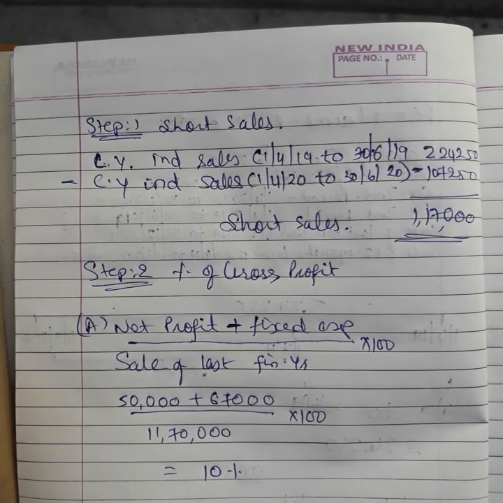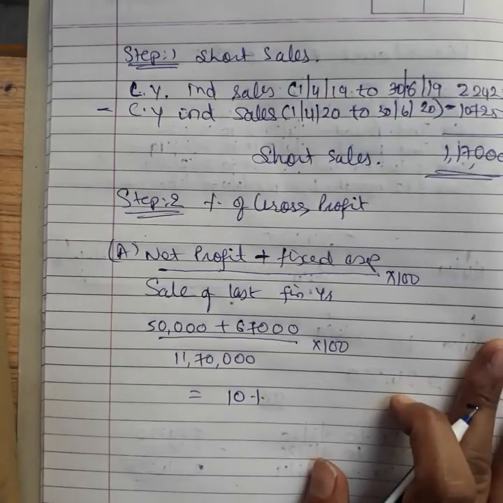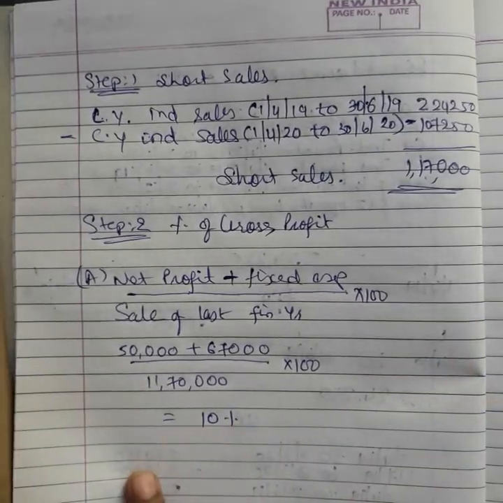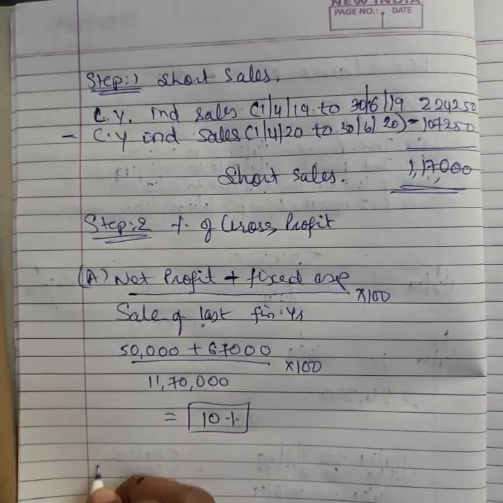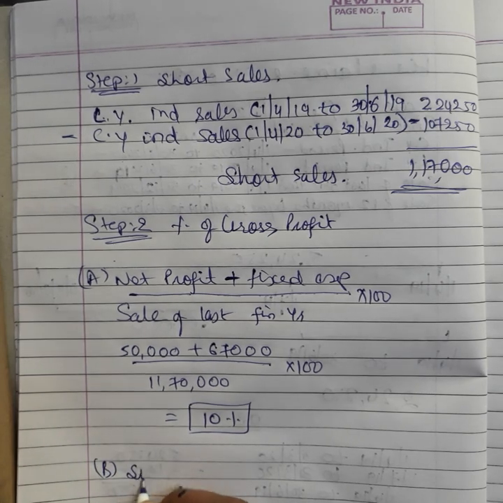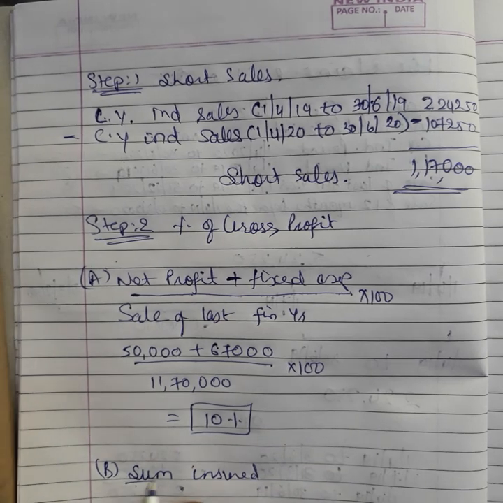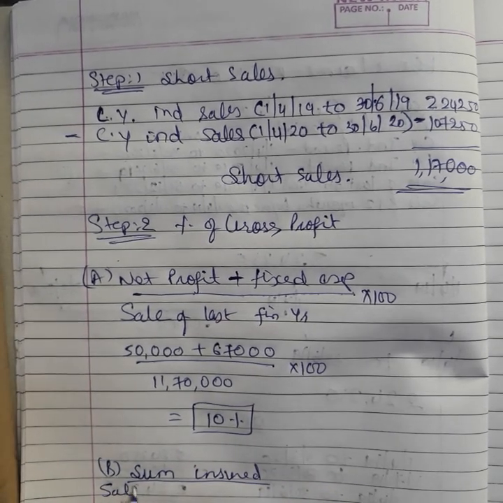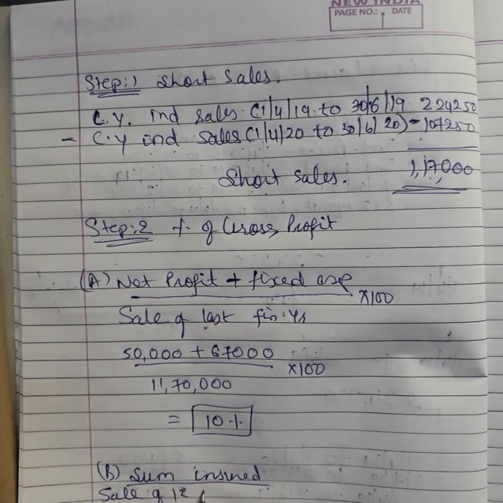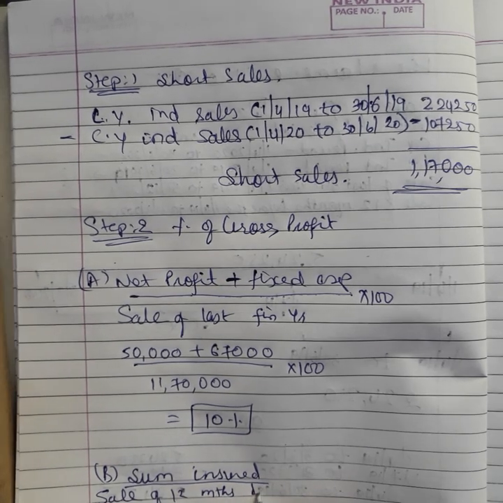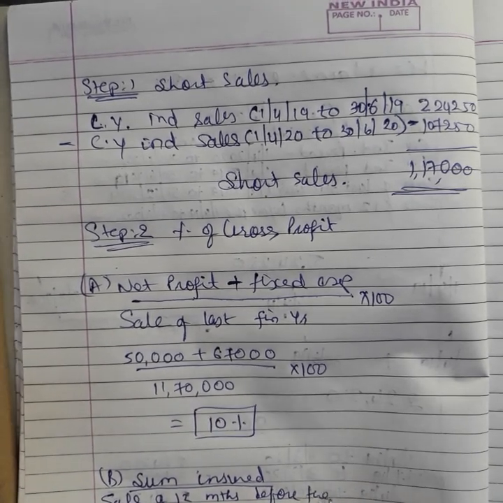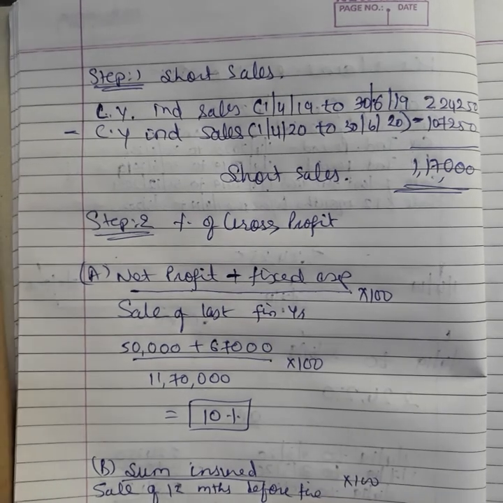So no increase, no decrease in the percentage of profit as well as sales. So this is the first percentage. Second, sum insured divided by sale of 12 months before fire into 100.